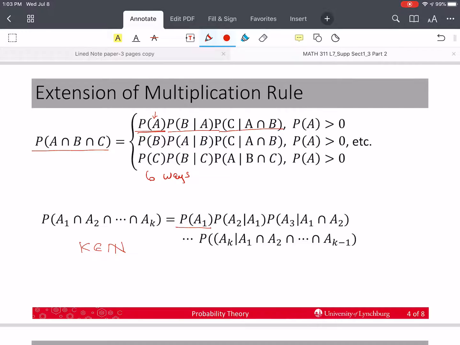We start off with the probability of A1, times the probability of A2 given A1, times the probability of A3 given both A1 and A2, and we keep going until we get to the probability of AK given A1, A2, all the way up to AK minus 1. All right? And so that's how we extend this multiplication rule.